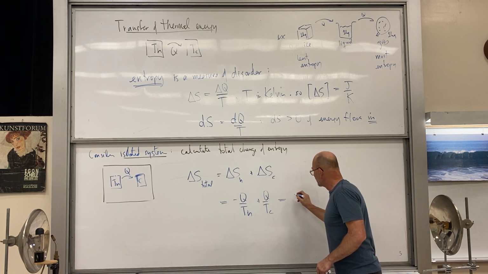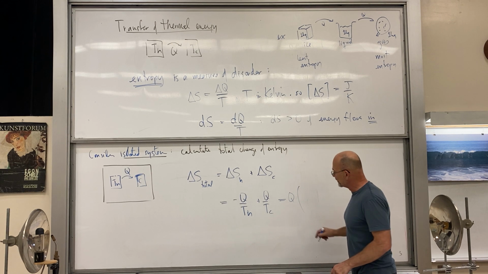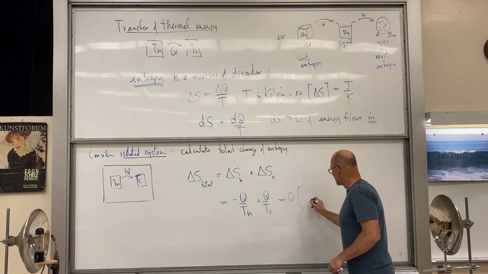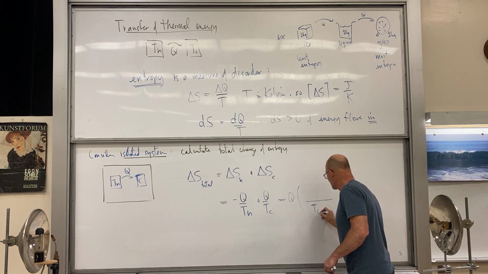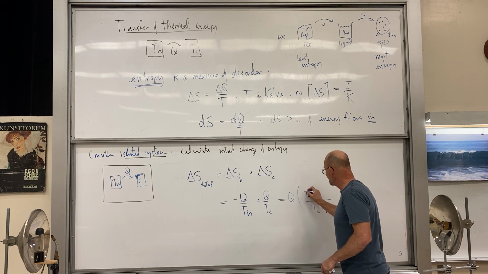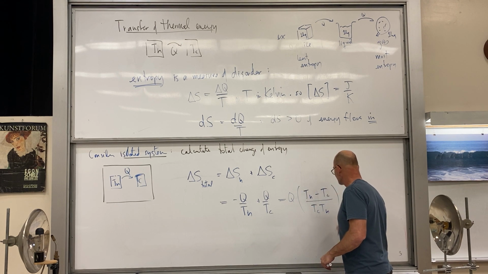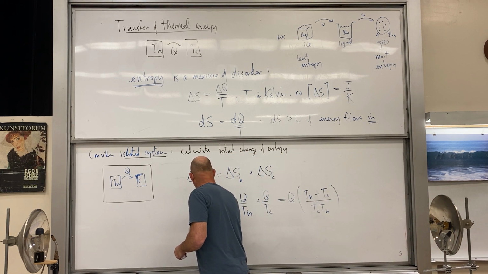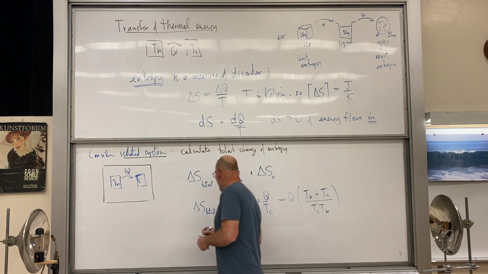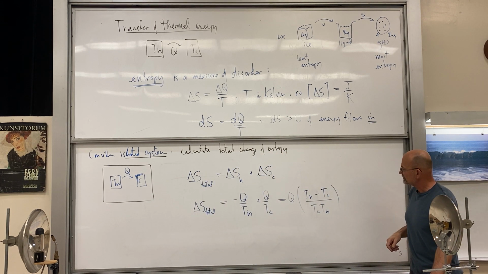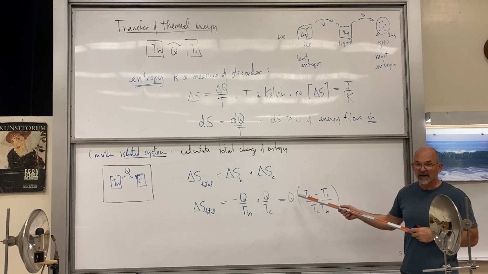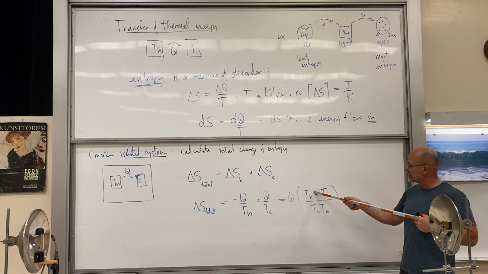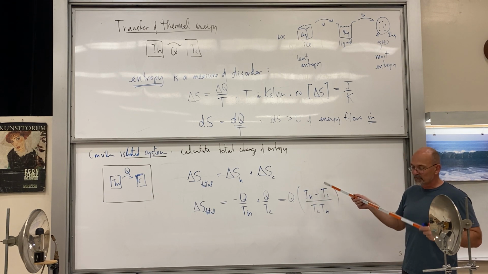Now let's just factor out the Q, and we've got 1 over TC minus 1 over TH, get a common denominator, and then we have TH minus TC. So this is the total entropy change for an isolated system. And what we can see is, because these are Kelvin temperatures, this is always positive, the higher temperature minus lower temperature.